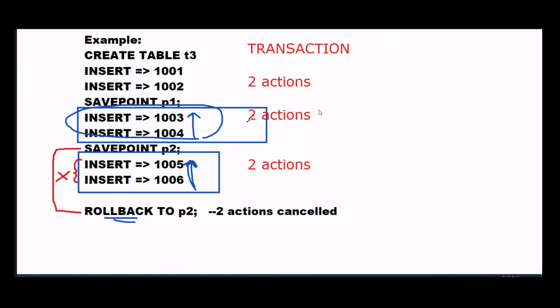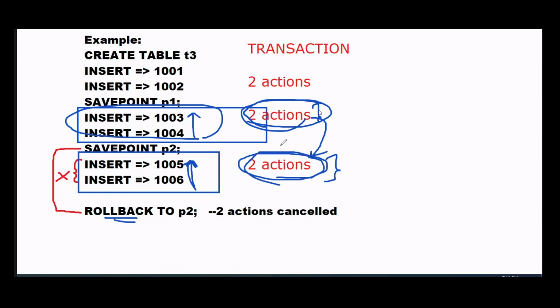These last two actions may be performed based on these earlier actions, because in a transaction we perform sequentially like this. That's why without cancelling the last two actions, you cannot cancel these actions.